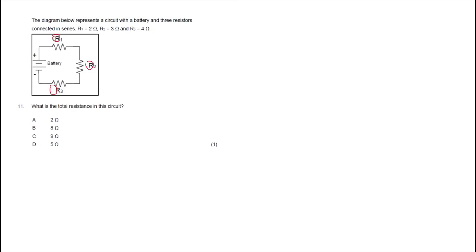And we know that for series resistors, we have 2, we have 3, and then we also have 4. If we add those, we can see that our answer will be 9. So the correct answer will be C. We just add 2 plus 3 plus 4, and the correct answer will be 9.